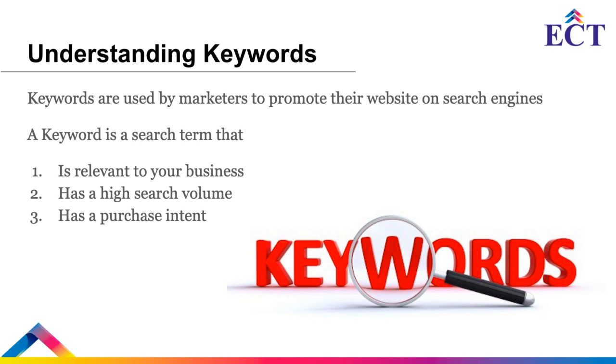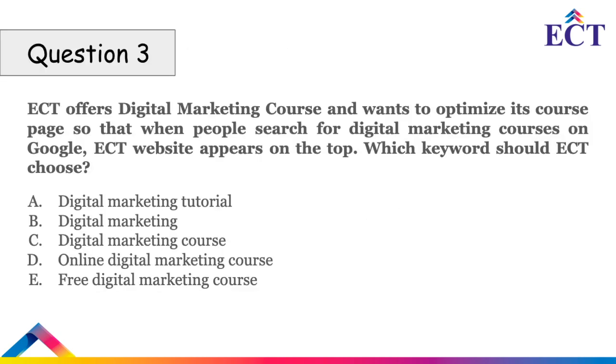So, let us see now. Can you try answering these questions? Now suppose ACT offers a digital marketing course and wants to optimize its course page so that when people search for digital marketing courses on Google, the ACT website appears on top.